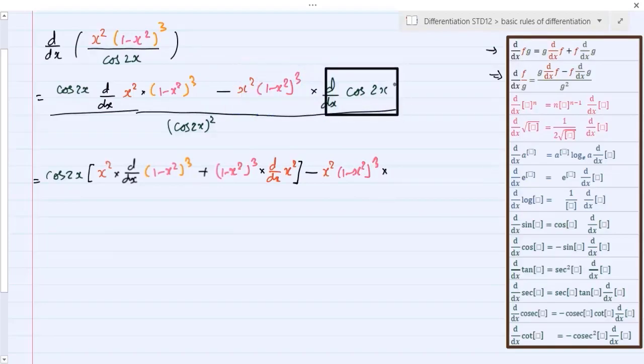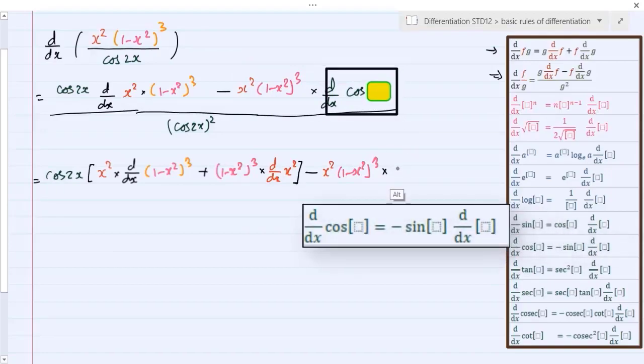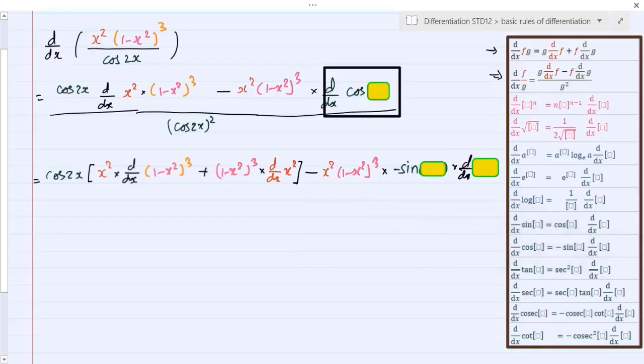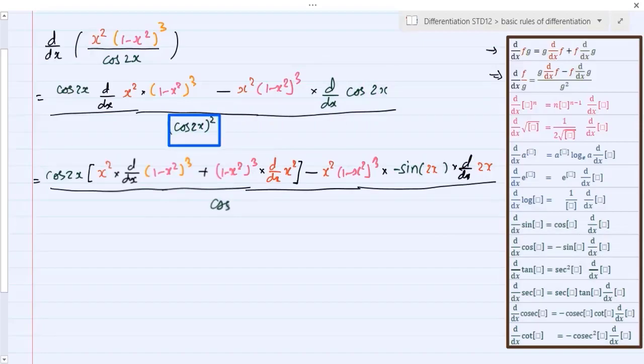We just have to differentiate cos 2x, or we can say cos box, which is simply minus sine box into d by dx of box. Within the box, we just have 2x, whole divided by cos square 2x.